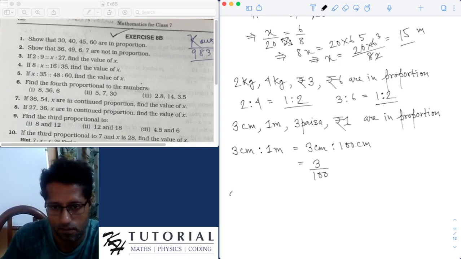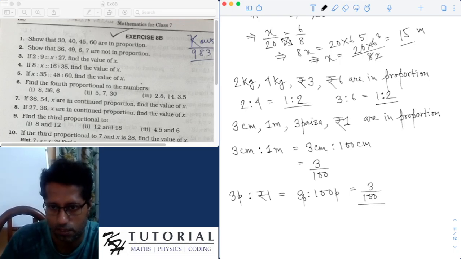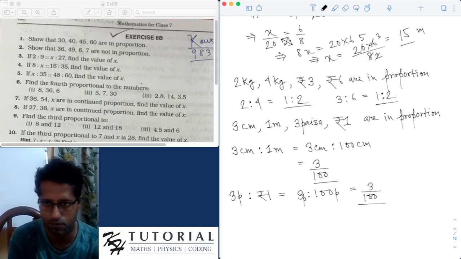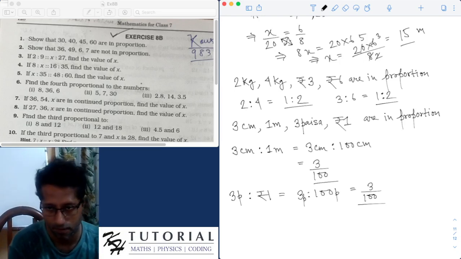And 3 paisa, I am saying p as paisa, is to rupee 1, which is 3p to 100 paisa. This equals 3 by 100. So they are equal. So we can say that 3 centimeter, 1 meter, 3 paisa, rupee 1 are in proportion. So please keep this thing in mind.